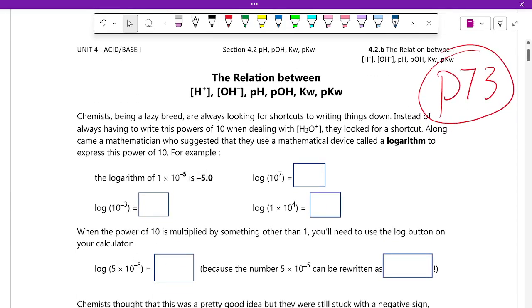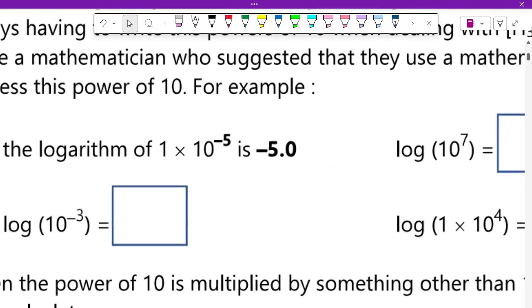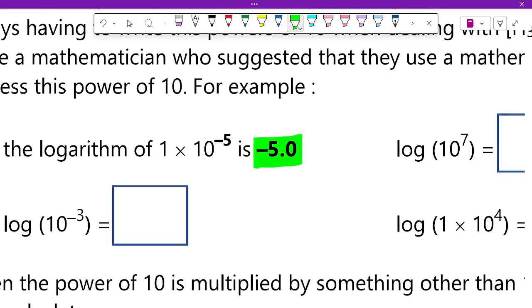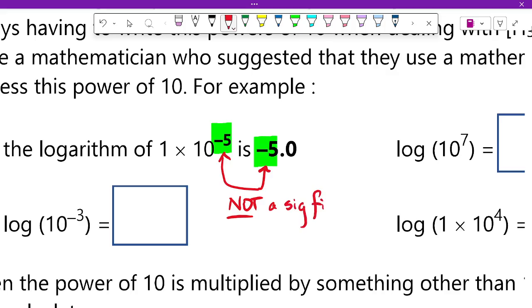So the logarithm of 1 times 10 to the negative 5 is negative 5, sorry. Where did that negative 5 come from? That came from the power of 10, so that is not a significant figure. How many sig figs are in 1 times 10 to the negative 5? 1. So we need to have then 1 sig fig.